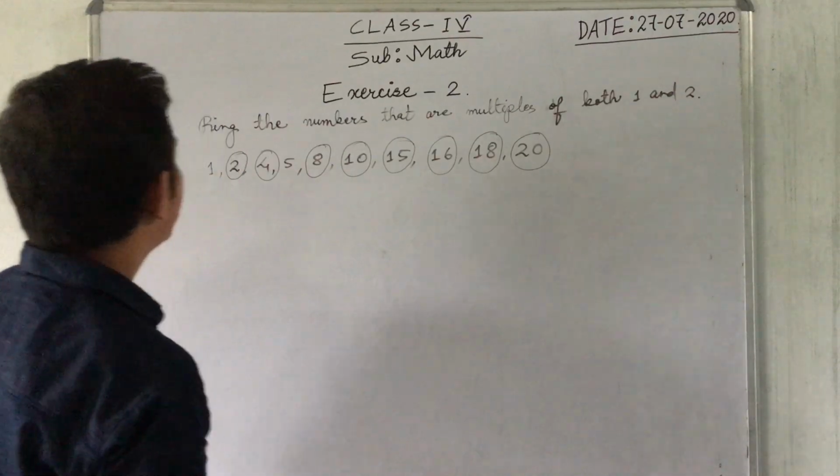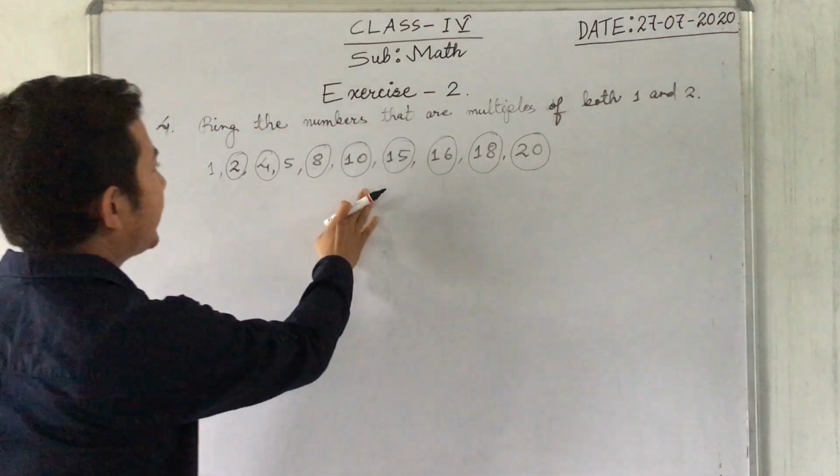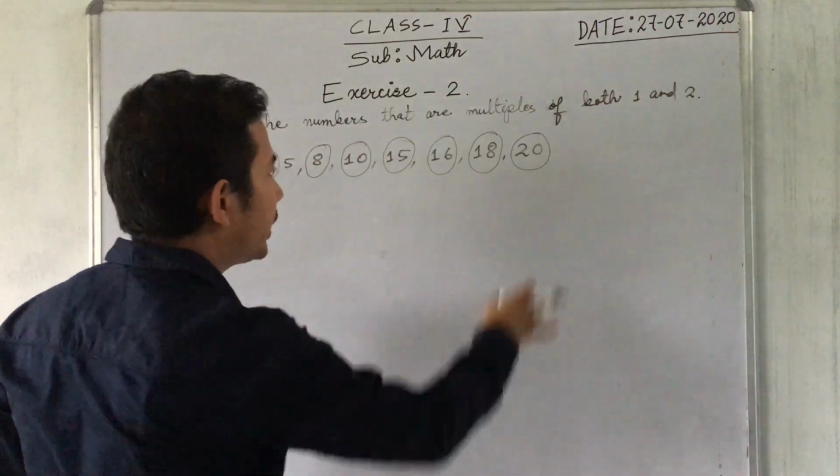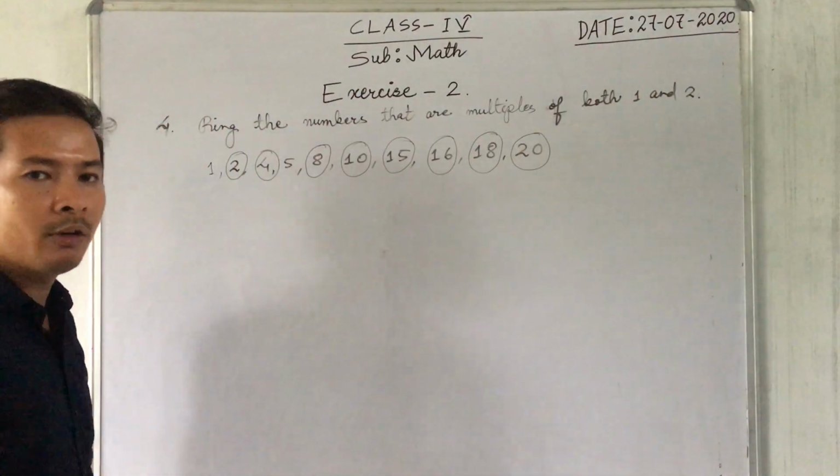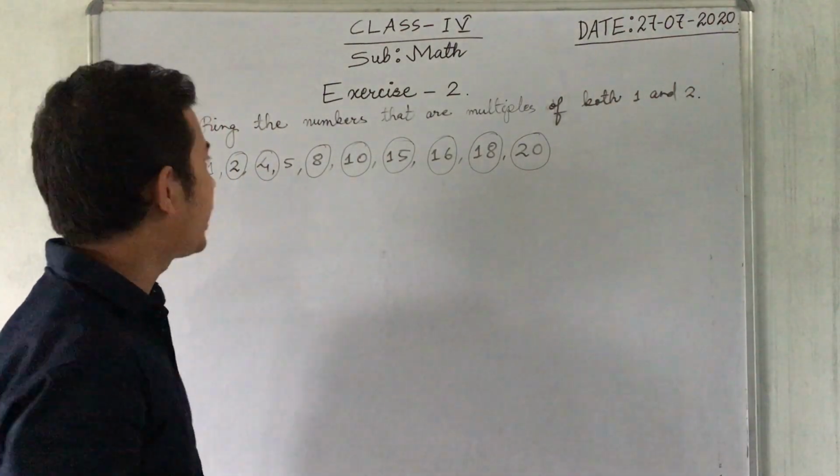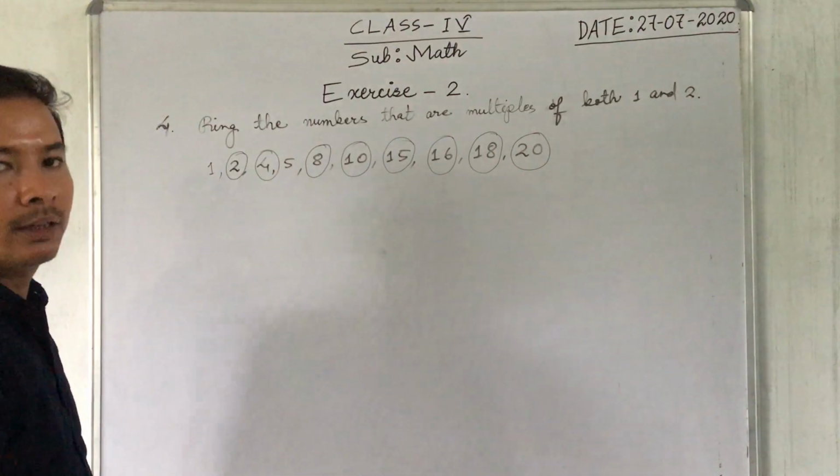So this way, 2, 4, 8, 10, 16, 18 and 20, we found these numbers as multiples of 1 and 2 both. So that's why I have ringed them. Understood?